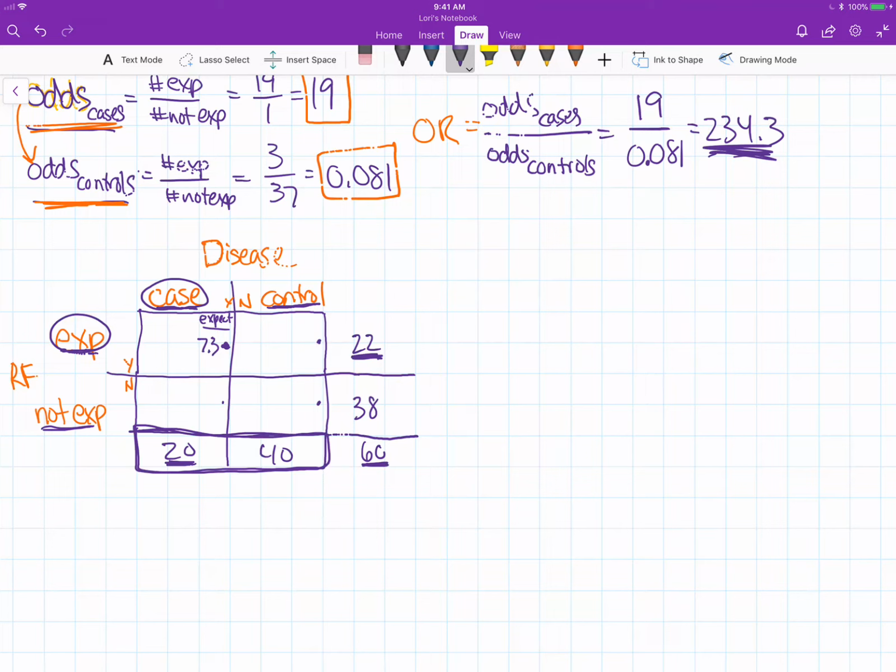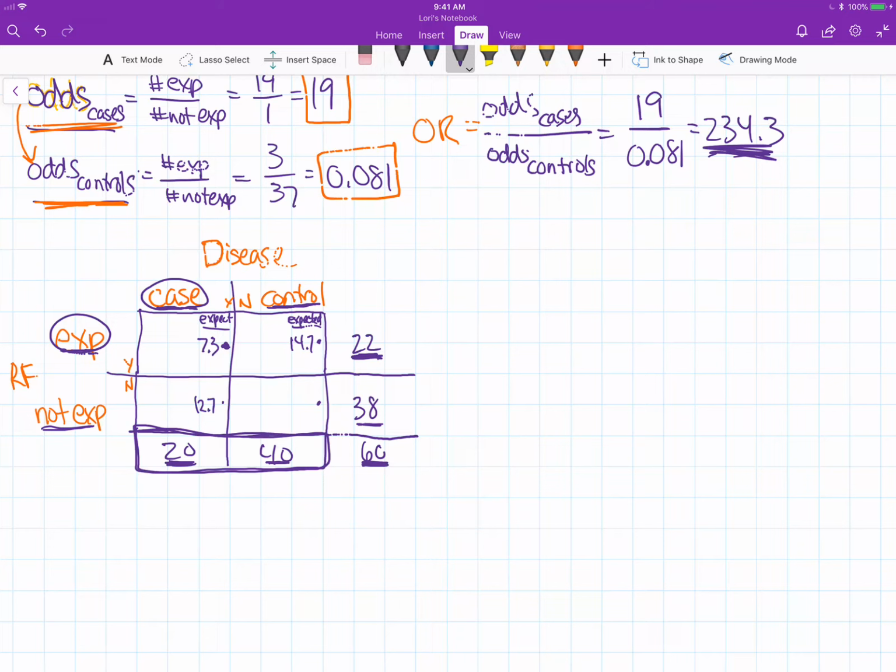I can do that for all of the cells. If I take 22 times 40 over 60, that ends up being 14.7. This is my expected number. If I take 38 times 20 divided by 60, I end up with 12.7.